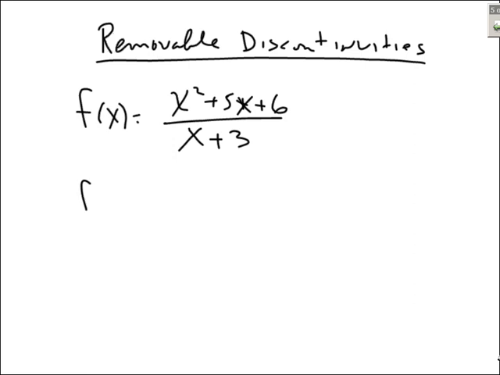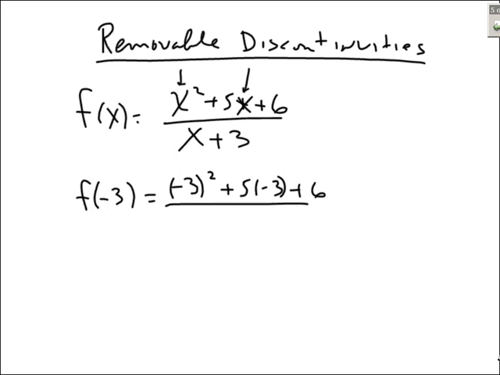Well, what is f of negative 3? The numerator is going to be negative 3 squared plus 5 times negative 3 plus 6. Instead of x, I just write negative 3 in brackets. In the bottom, you're going to have negative 3 plus 3. And if you work it out, you get 0 over 0.